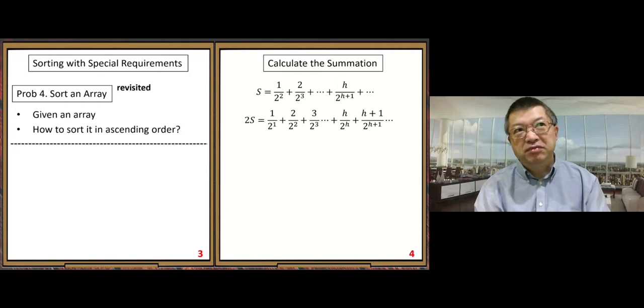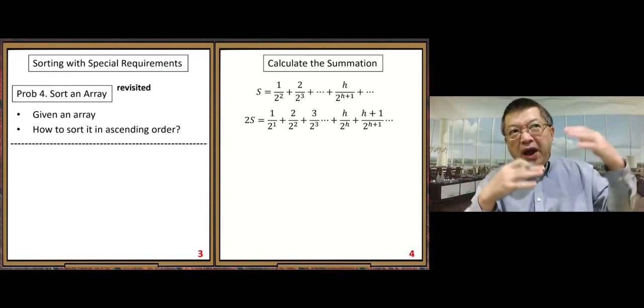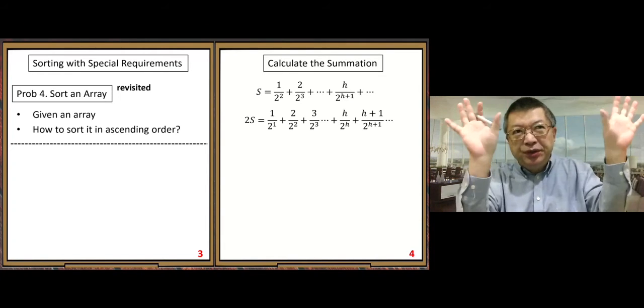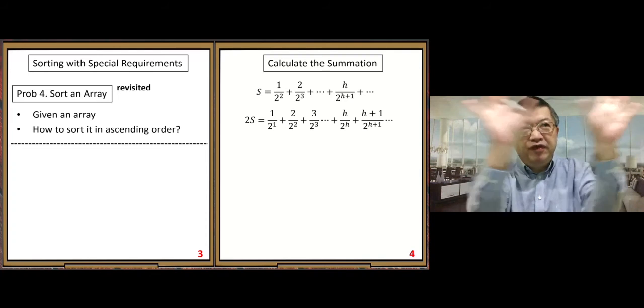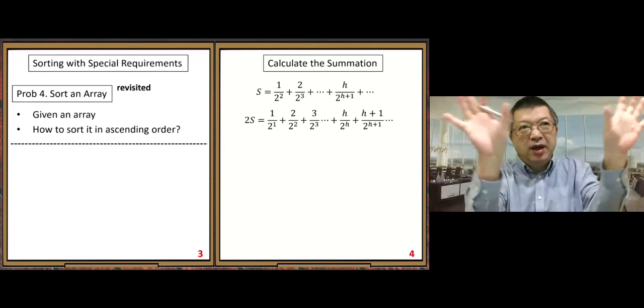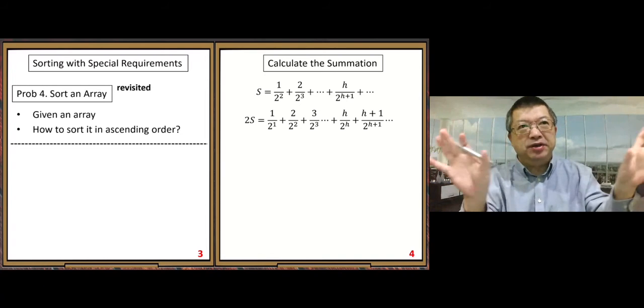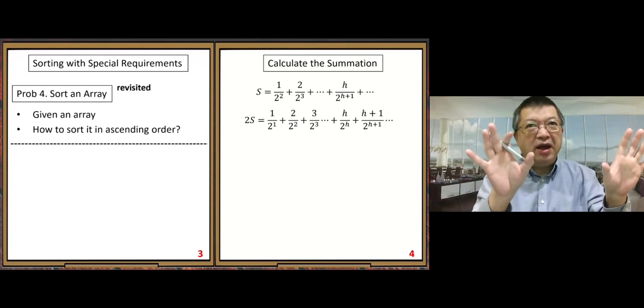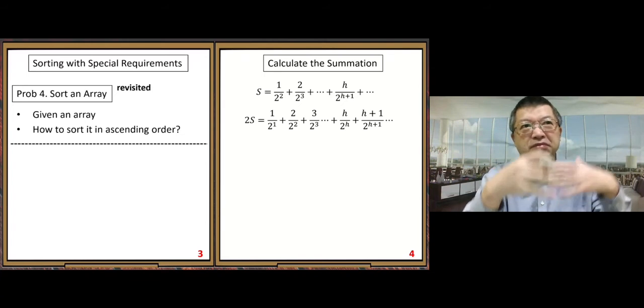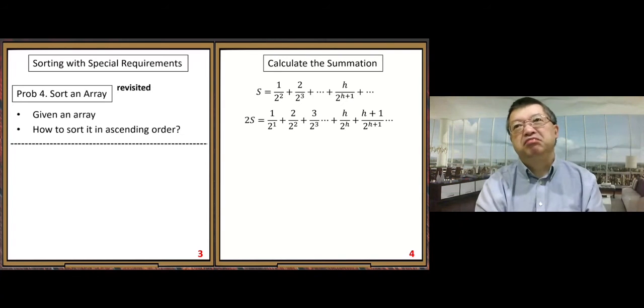So if you compare the 2 summation formulas, all with power of 2 denominators, then you can do cancellation easily.